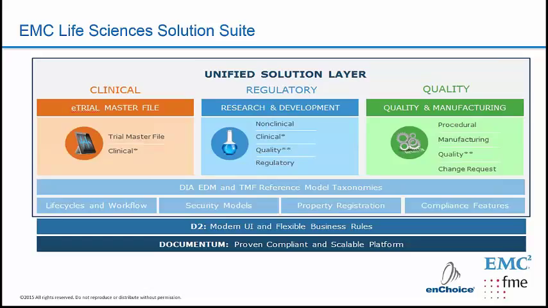Within these different areas within the solutions, it's pre-bundled based on industry standards and best practice. So you have metadata property registration, where you can populate repeatable metadata that gets cascaded to documents. There's a lot of automation that's baked into the solutions, and I'm going to highlight a little bit of that in the next couple of slides. So let's go to the next slide.